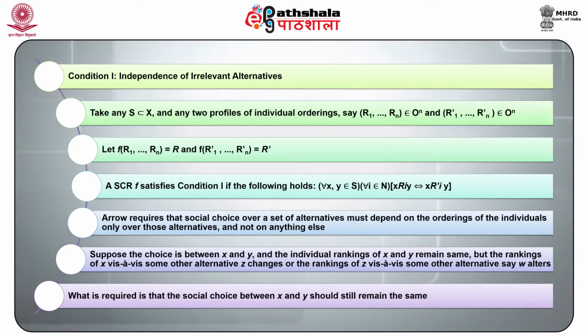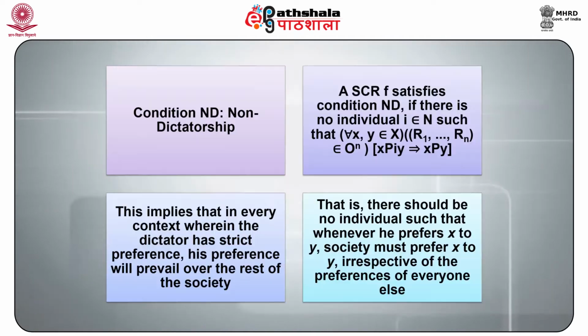Suppose the choice is between x and y and the individual ranking of x and y remains the same, but the rankings of x vis-a-vis some other alternative z change, or the ranking of z vis-a-vis some other alternative, say w, alters. What is required is that the social choice between x and y should still remain the same.